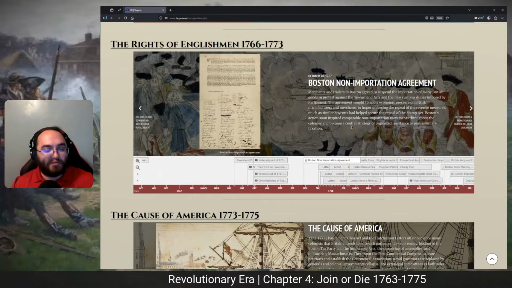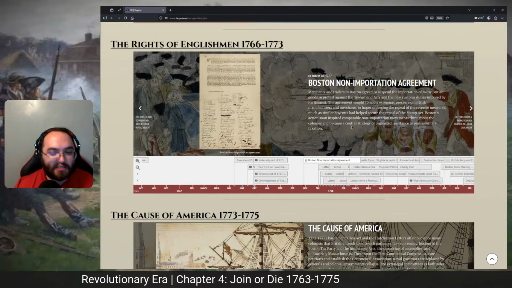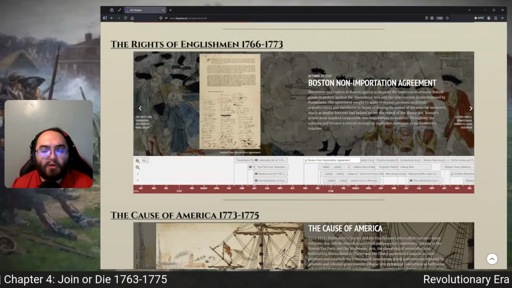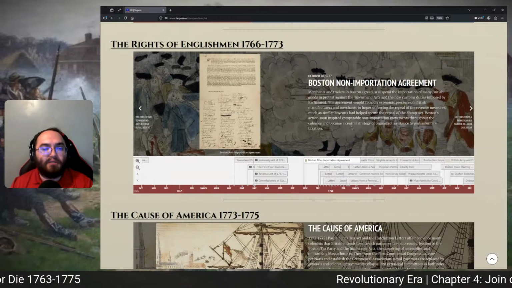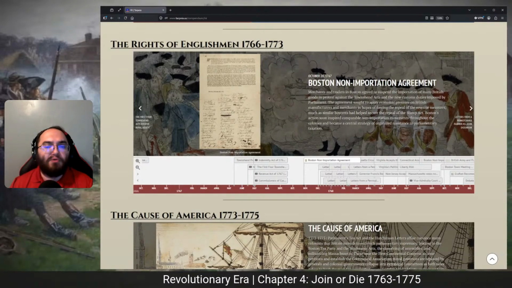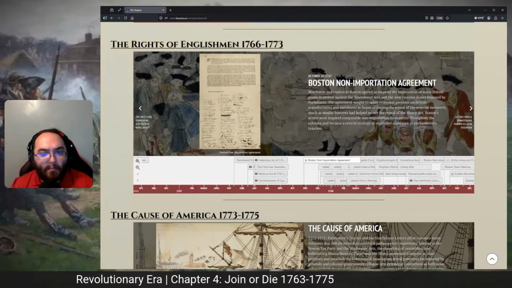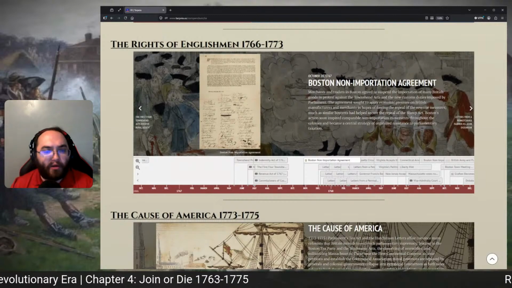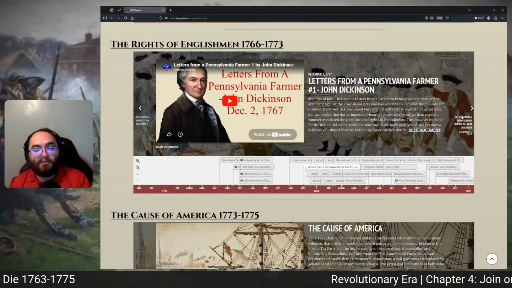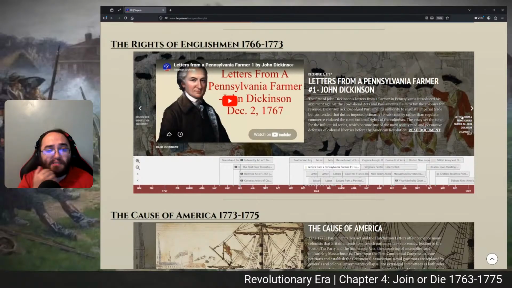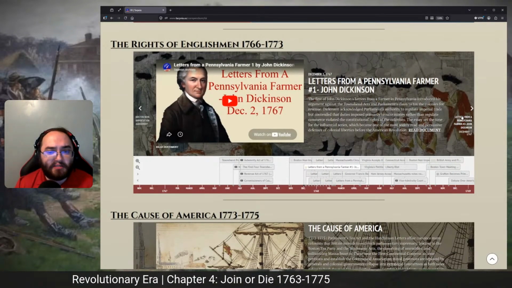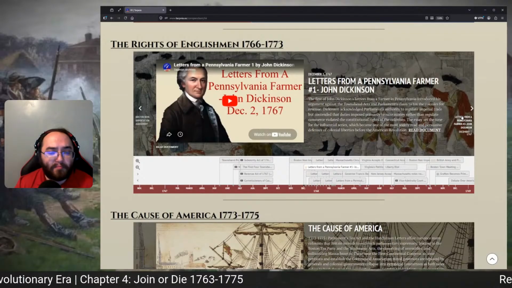And so just like with the Stamp Act crisis, where you have people protesting, mostly New York merchants, now you have Boston. They pass a non-importation agreement, where the merchants of Boston will boycott British goods. Then you have a very famous series of letters written by John Dickinson called Letters from a Pennsylvania Farmer.